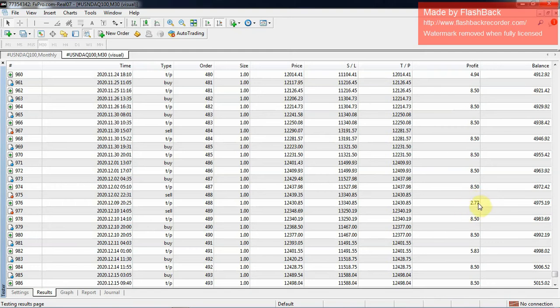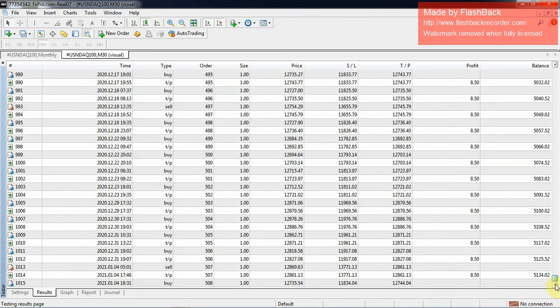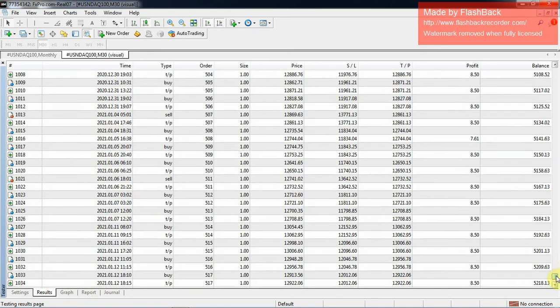Okay, so that was affected by the swap. The trade took many days to close. It took a lot of days to close, so it affected that trade. It closed at 2.7. Let me scroll down. Okay, so as you can see, there are more buys, a few sells there. That's a sell there, but as I said, over 80% will be buys, because Nasdaq 100, as you saw from the start of this video, from 2008, has been going up.